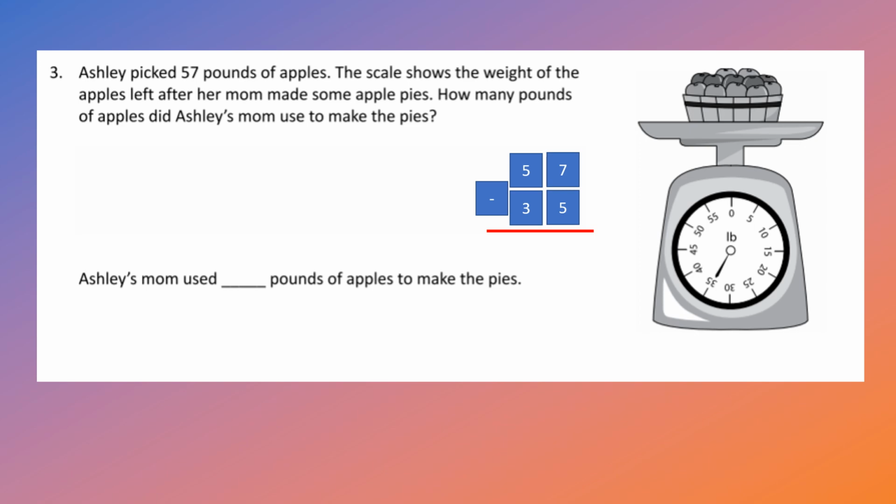And as always, I start with my ones place. 7 minus 5 is, that's right. If you said 2, you're absolutely correct. And 5 minus 3 is, good. If you said 2, absolutely correct. So that means that Ashley's mom used 22 pounds of apples to make the pies.